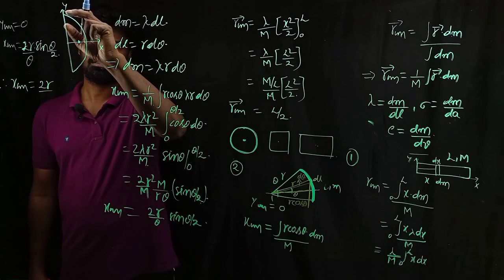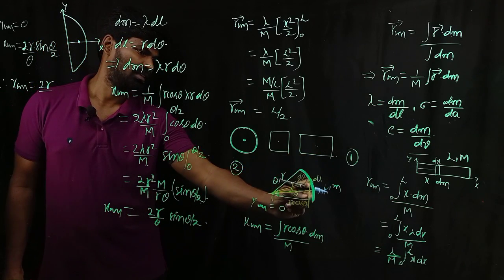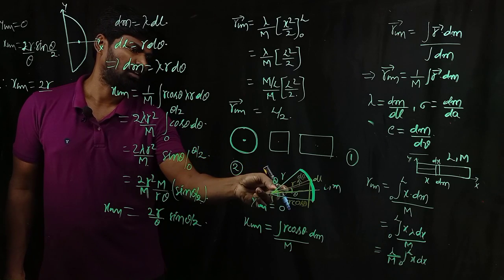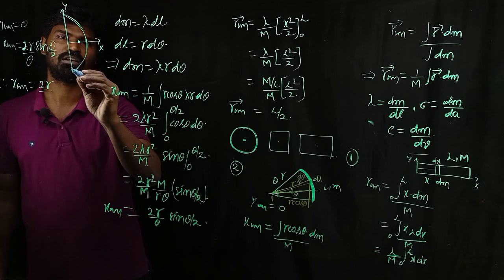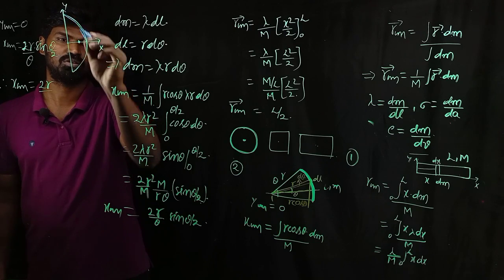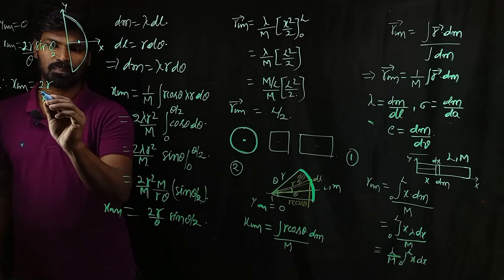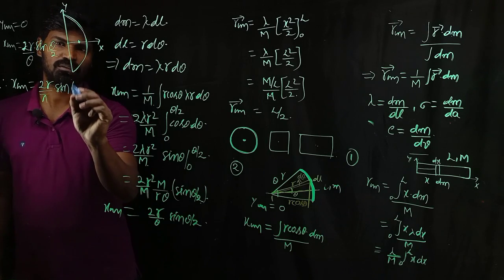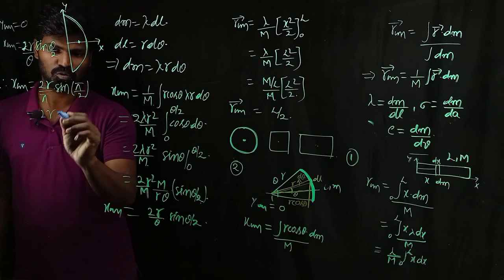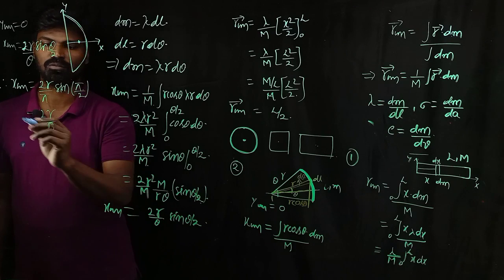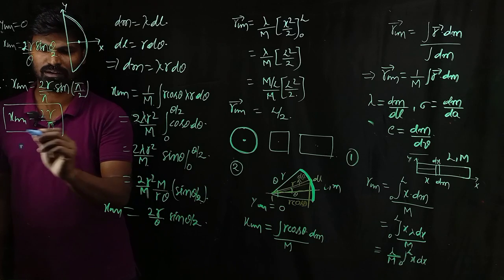For a semicircle, the total angle theta changes from 0 to pi. So theta is pi, and sin theta by 2 is sin pi by 2, which is 1. That gives 2r divided by pi. Therefore, x center of mass is equal to 2r divided by pi.